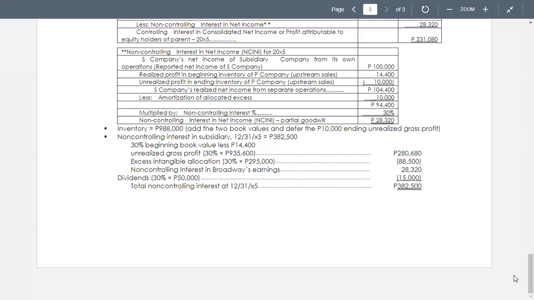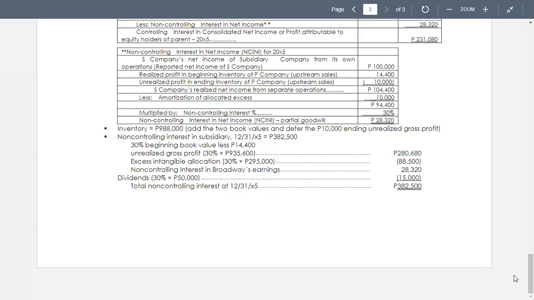If we add the controlling interest with Salad, non-controlling interest is 301,800. Non-controlling interest with Tuna is 239,400. That's why the total of the non-controlling interest is 541,200. That's letter C. 9 letter C, 10 letter A, 10 letter C.